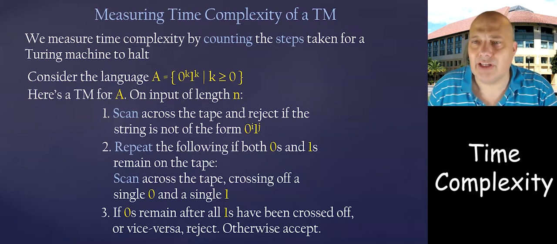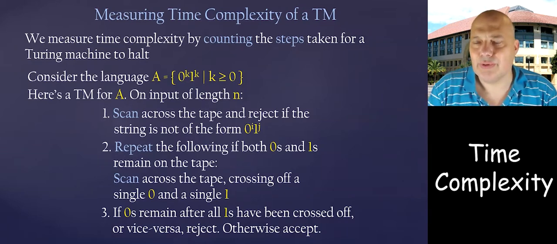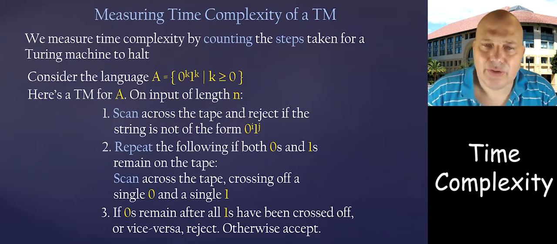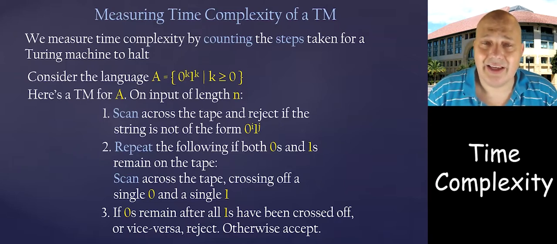But when you erase the last 0, if you also erase the last 1, you know that there were the same number of 0s and 1s. So it's not very hard to convince ourselves that this algorithm is correct. It does accept exactly strings of the form 0^k 1^k, and nothing else.